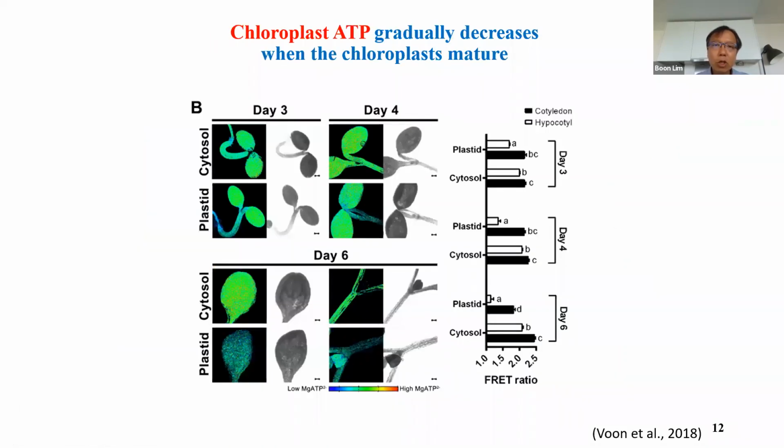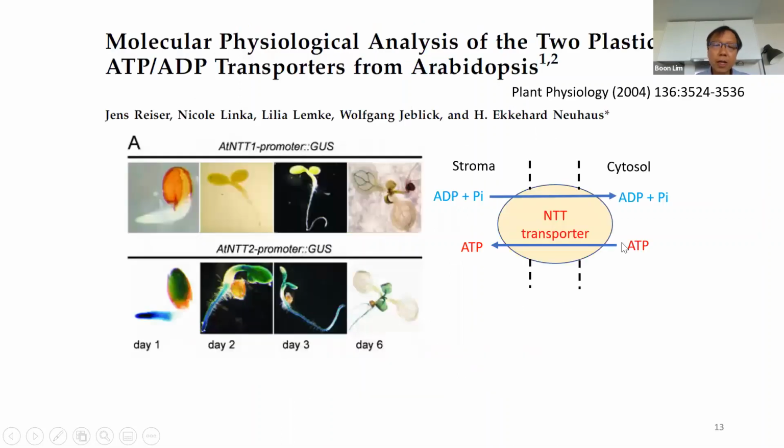So we tried to look at younger seedlings. We looked at 3-day-old, 4-day-old, and 6-day-old seedlings, and we can see that the ATP concentration in the plastids decreases as the seedlings mature. In Arabidopsis, there are NTT transporters on the chloroplast membrane that allow the antiport of ATP with ADP and Pi.